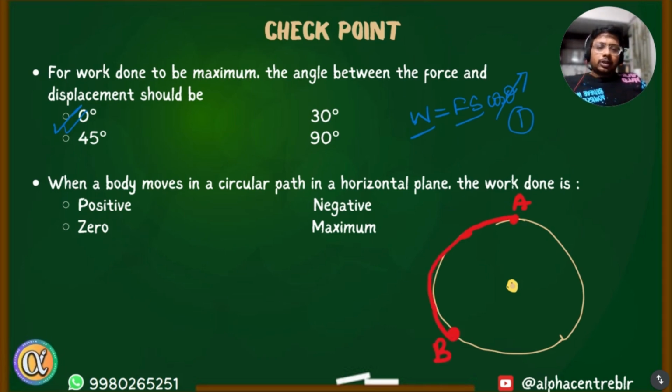So from A to B, is work done also 0 or not? You got my point, Khushi? When I say it's moving in a circular path, I'm not saying that it has completed a circular path. It is just moving in a circular path. You got the difference? Yes, sir.